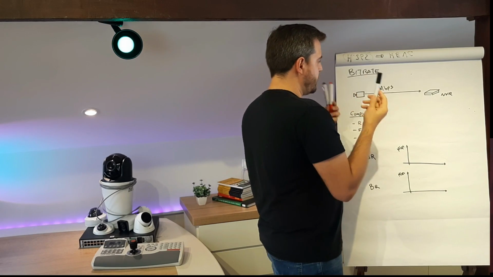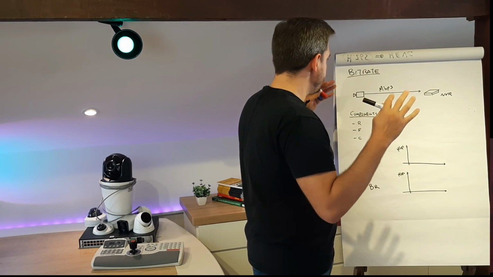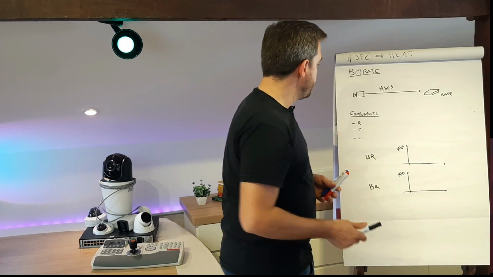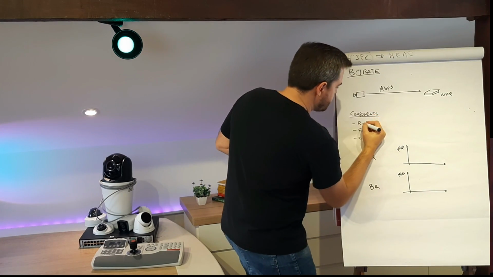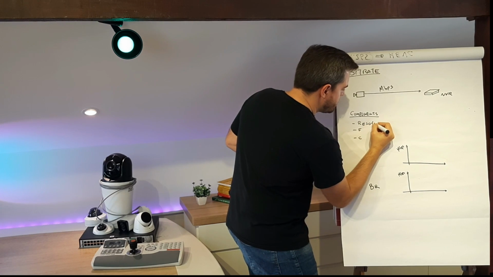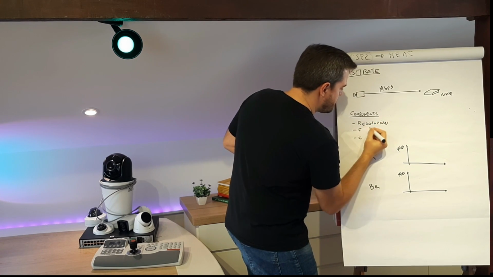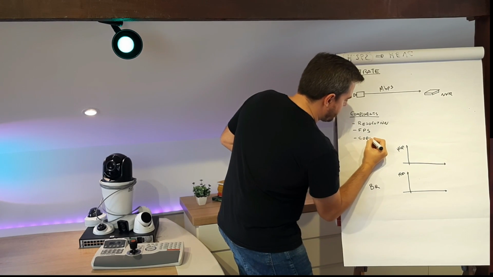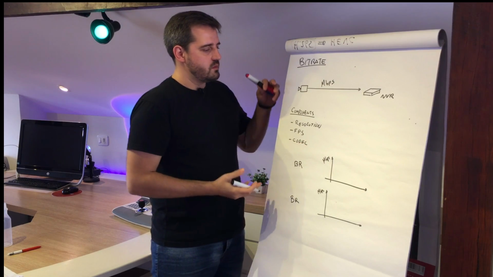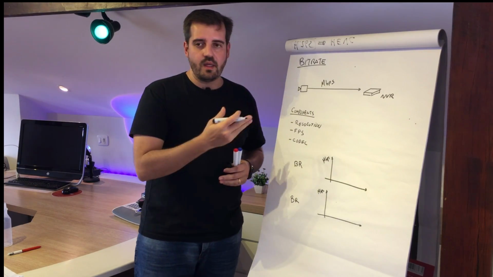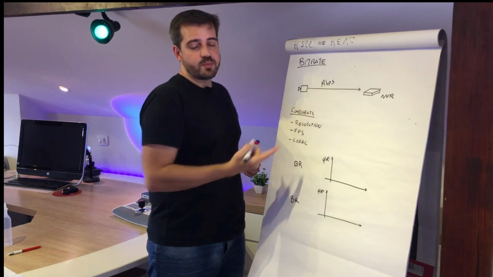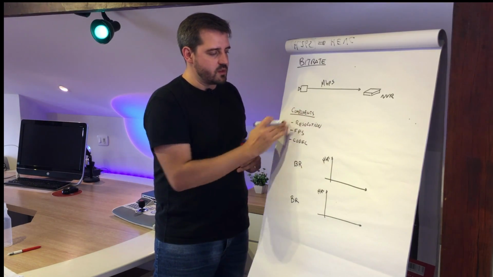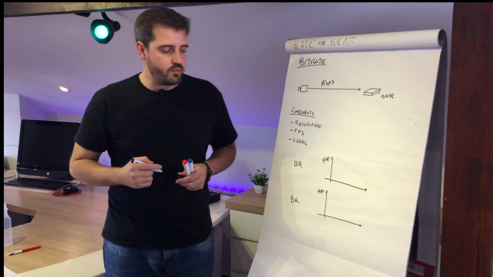It is the result of all the components we discussed so far: resolution, FPS, and codec. All these components will create a bitrate that can be 1 megabit per second, 2, 3. It will depend on the components that we set before.